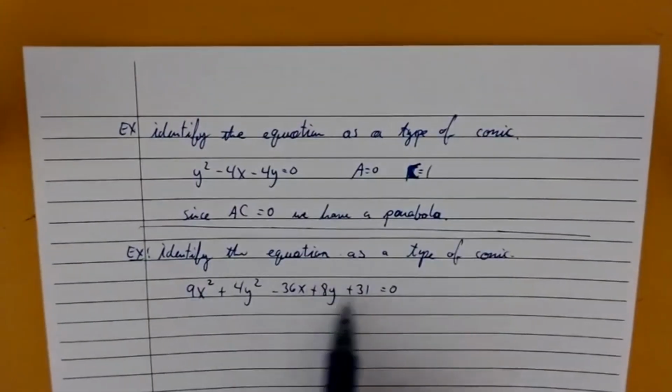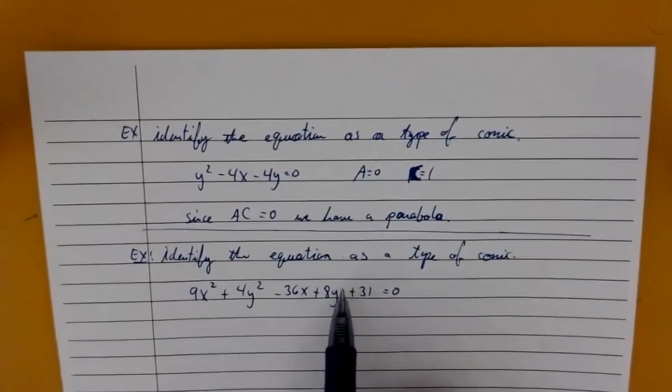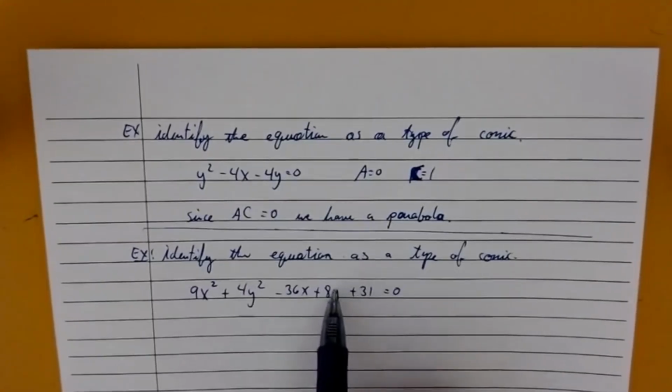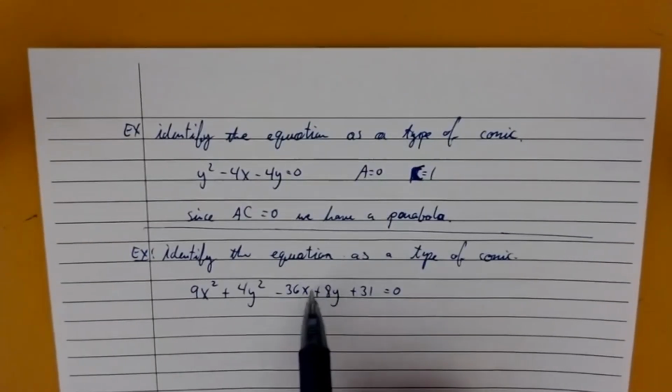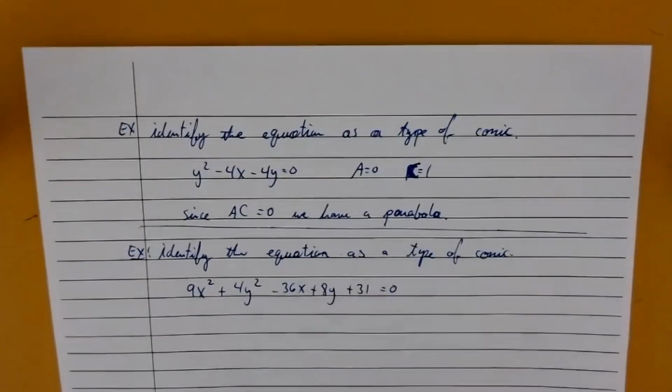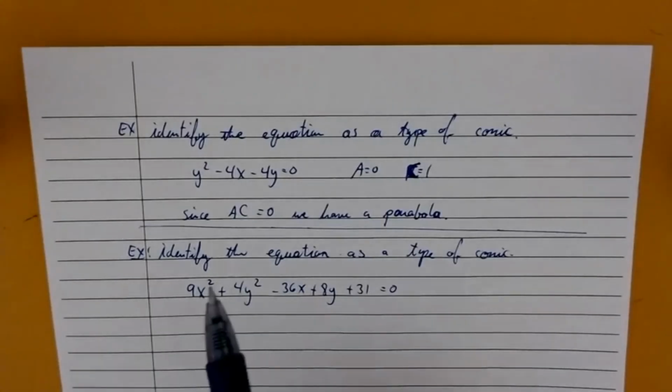Again, all of these other things will tell you things about the center. They'll tell you things about either the latus rectum in the case of a parabola, the major and minor axis in the case of an ellipse, or the transverse axis in the case of a hyperbola. But the only things that you need to identify what kind of conic you have are these two.